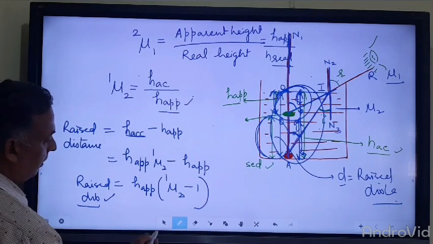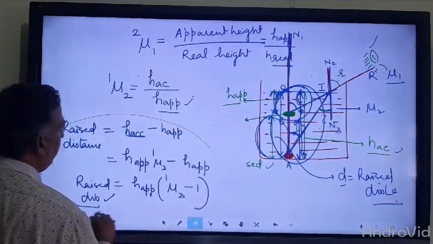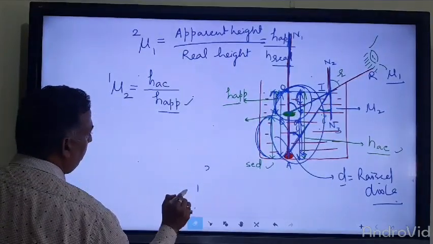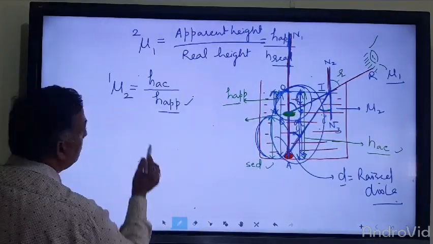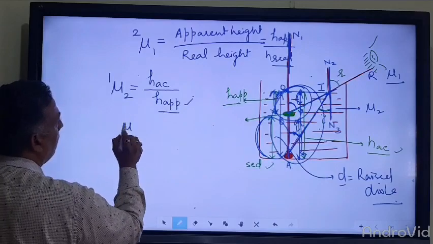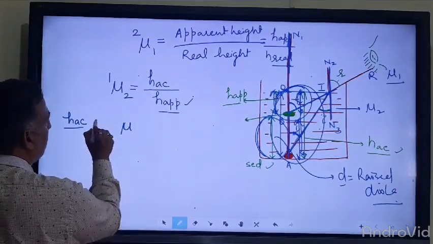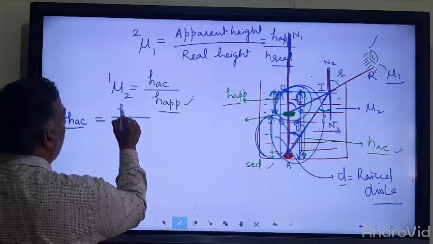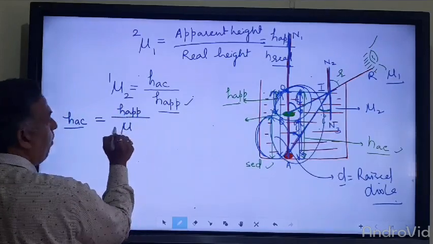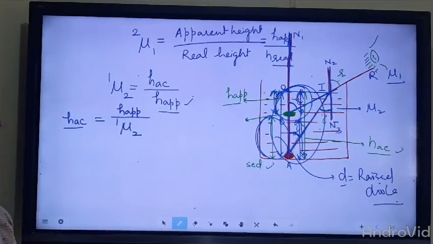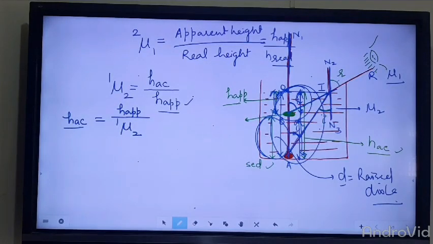Sorry, I have made a certain mistake over here. So h actual is h apparent times the refractive index of 2 with respect to 1.